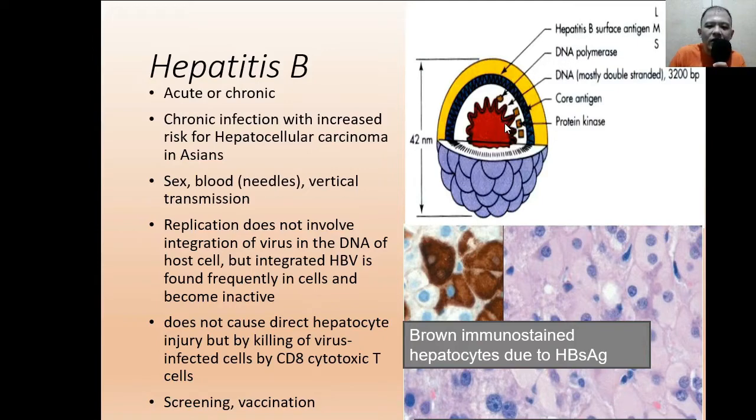The one just outside the DNA, you have the core antigen. And the one inside is the hepatitis B DNA. By the way, hepatitis B is the only DNA hepatitis virus. In the slide, it presents us a ground glass appearance.